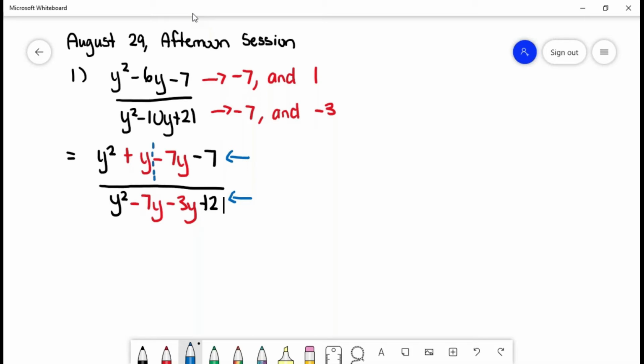So y squared plus y is one group, and -7y minus 7 is going to be another group here. Same thing for the denominator. As you can see, we have 4 separate terms, so we're going to split it into 2 separate groups so we can easily factor.